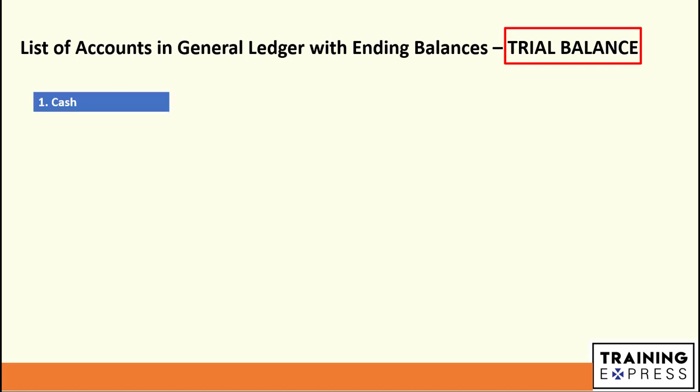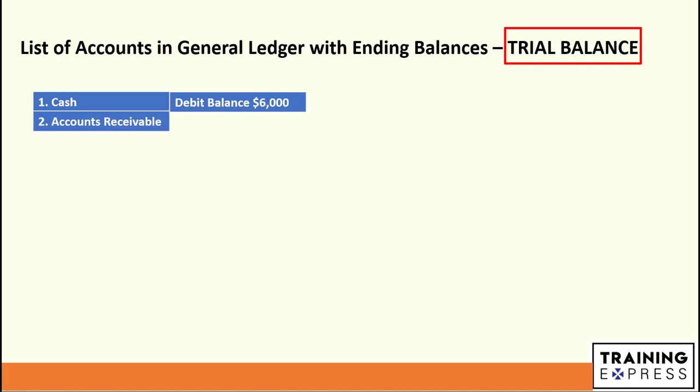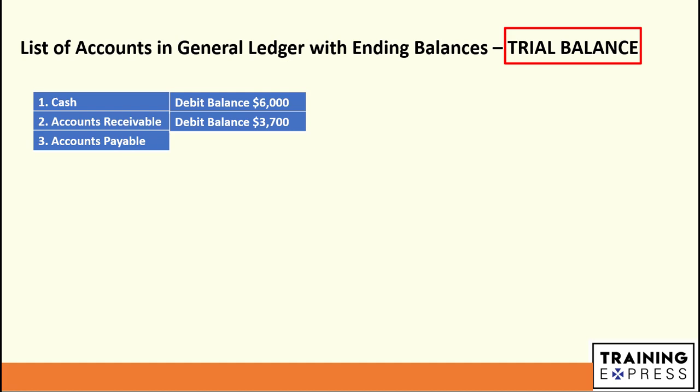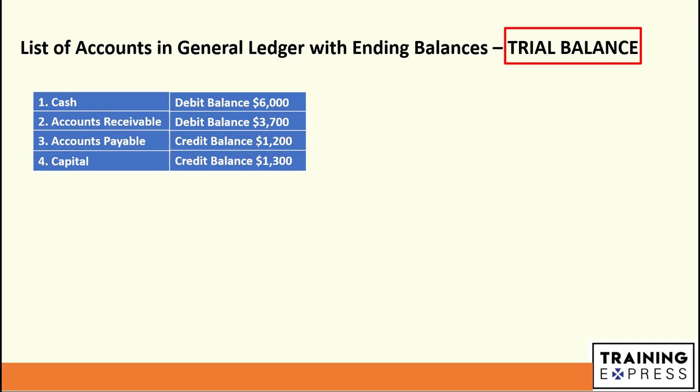Cash. Ending balance was a debit balance of $6,000. Accounts receivable ending balance was a debit balance of $3,700. Accounts payable, credit balance of $1,200.